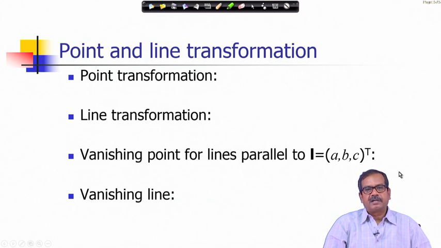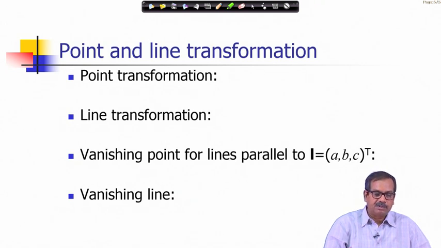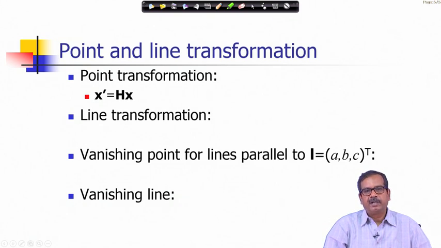Just to summarize all the properties of this projective transformation or homography. These are the transformations that we have studied. First, point transformation, which means we multiply a point in the projective space by the corresponding transformation matrix, and then we get the corresponding transformed point.